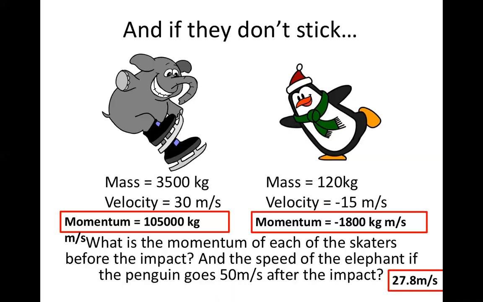So 15 minus negative 15 plus 50. I got 35. So try negative 1800 divided by 35, because negative 15 plus 50. Negative 51.4. It's even worse.